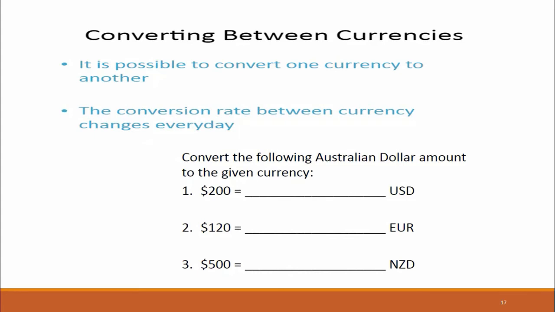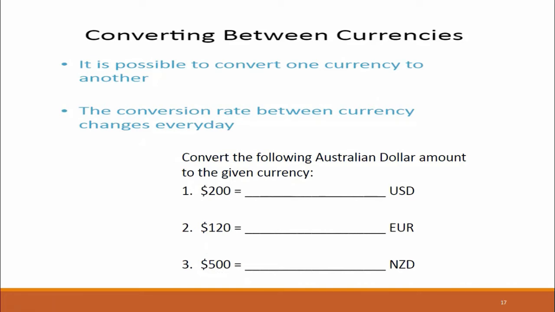For example, you see here some examples: converting the following Australian dollar amounts to the given currency. These are the Australian dollar amounts: $200, $120, $100, and $500. To convert this Australian dollar to USD, first of all, find the amount of one Australian dollar.